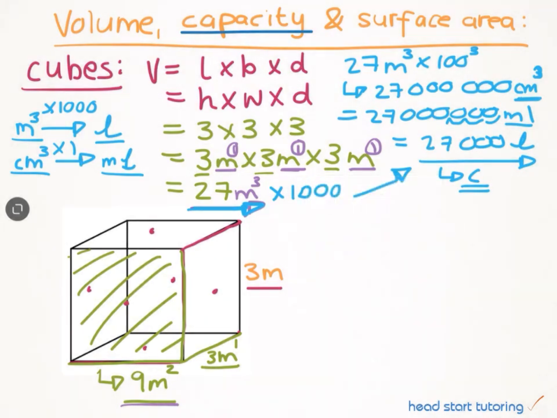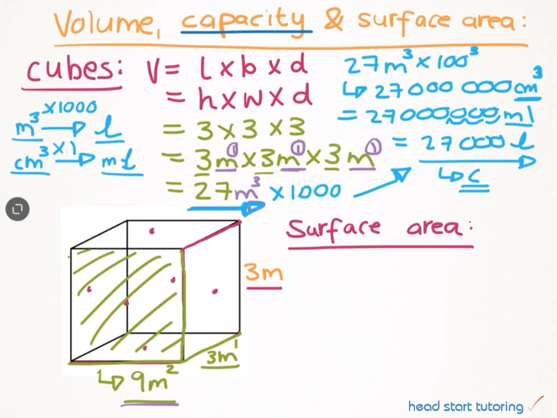Let's now have a look at our surface area. Surface area is a slightly different concept because we are not working with the inside of our 3D shape, we are working with the outside. A nice way to think about it is if you would like to cover this cube with wrapping paper, how much wrapping paper will you need?